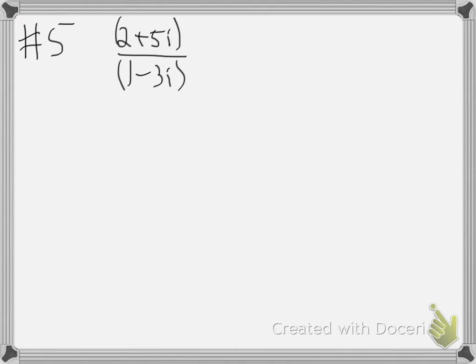Okay, so the next question in Unit 8 was question number 5. And number 5 was 2 plus 5i over 1 minus 3i. And it might be easier if I just put these in parentheses. You don't have to. But in order to get the bottom, again, in standard form, you can't have i's in the denominator.